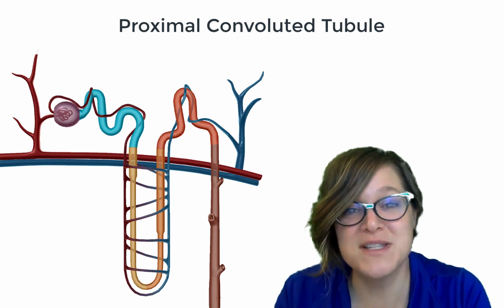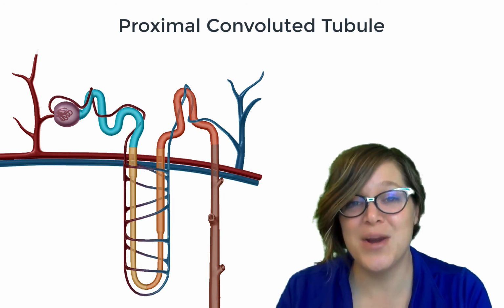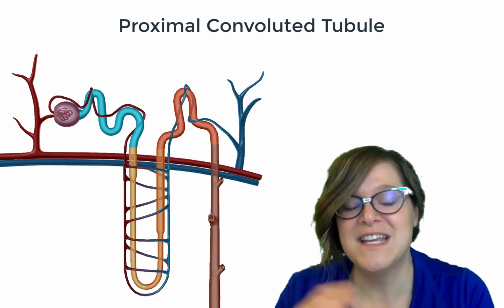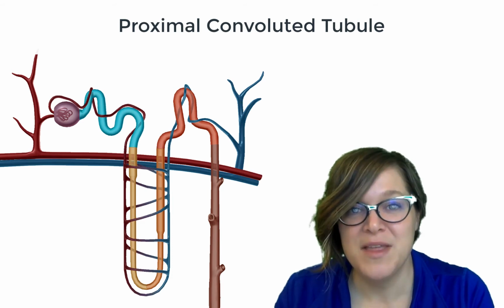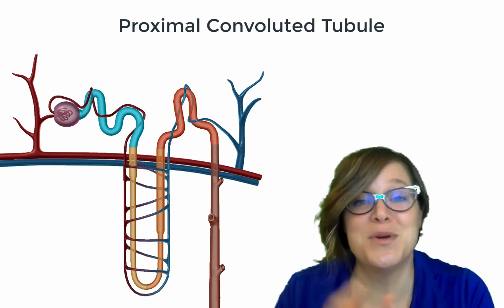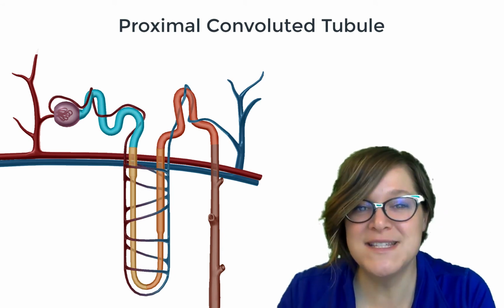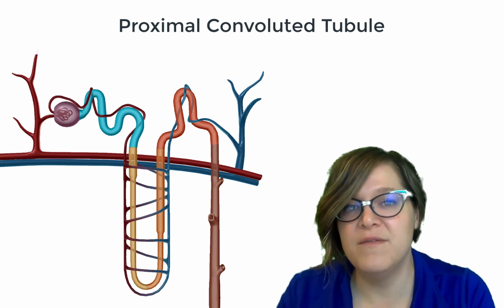While fluids are in this proximal convoluted tubule, there are some channels that are pumping in material that didn't make it through the glomerulus so that your body can get rid of a little bit of excess waste. That absorption is the reabsorption process we talk about when we talk about the kidney. And that pumping wastes in is what we call secretion. So that's sort of like getting rid of the waste products.